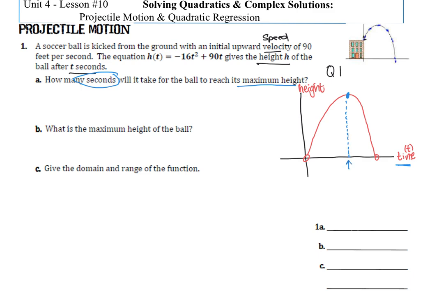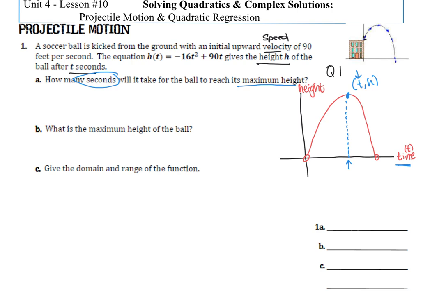So we want to know, what's the t value here? Because I didn't label any of this. What is the value of t when this ball is at its maximum height? So basically what we're looking for, I'm going to say t comma h here. We're looking for the time, or the x value of our vertex. Even though I'm using t and h here, it's still like x and y because it's the first value.